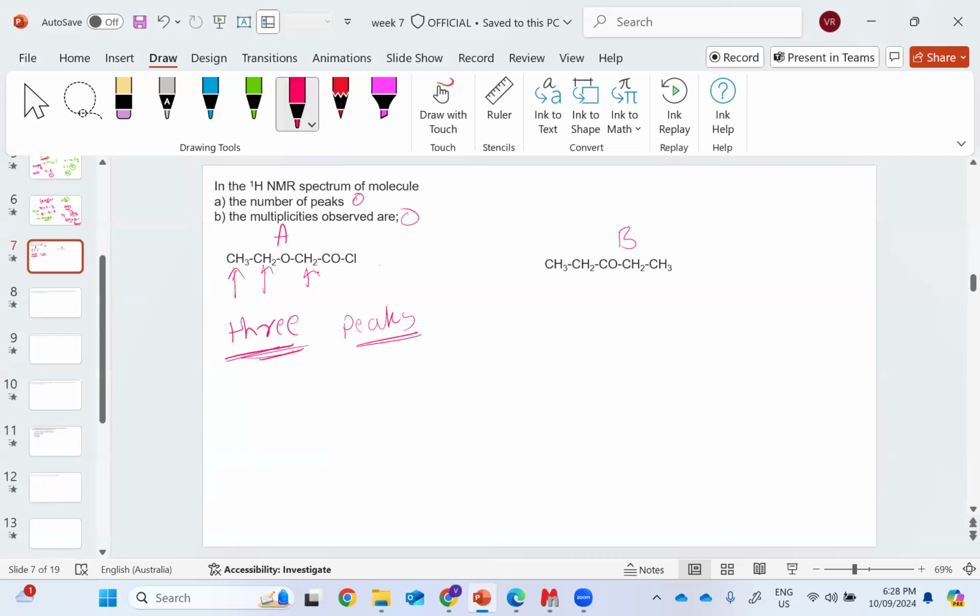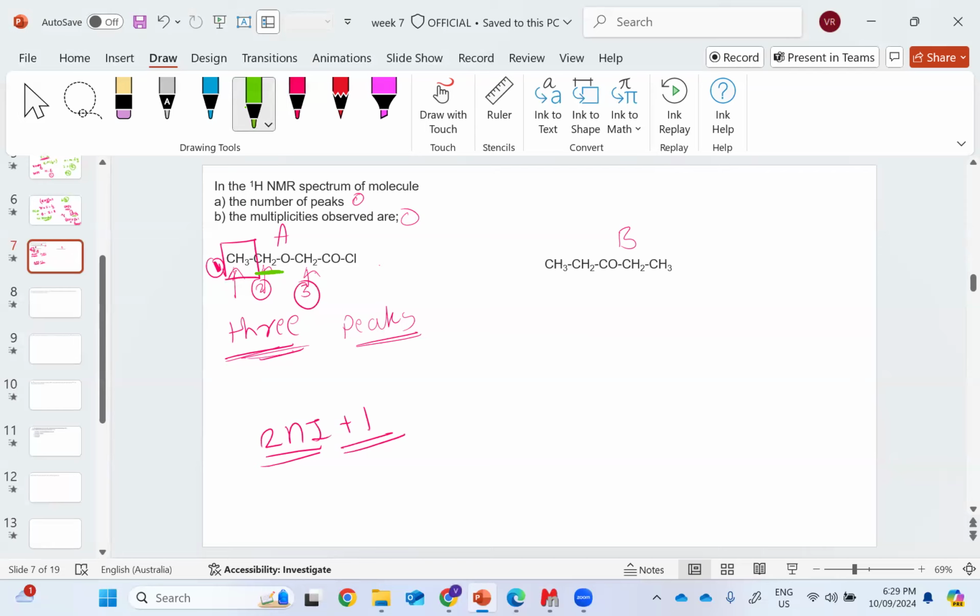And if you look at the multiplicity, as I have shown earlier, it is 2nI plus 1. Use this formula and calculate how many peaks will be observed for the first, second, and third set of protons. Going one by one, let's take this methyl group. This methyl group is coupled with this CH2.